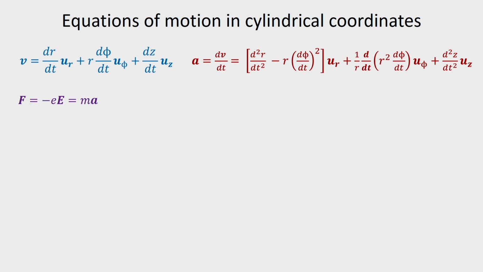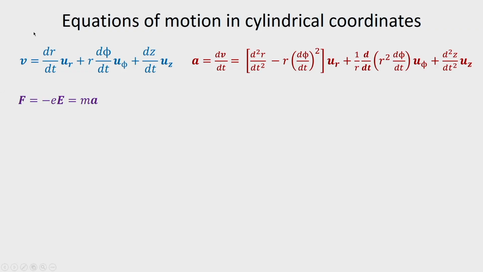Now, if an electron is placed in an electric field, then it will experience a force of minus e times the electric field E, and this can be written as mass into acceleration.